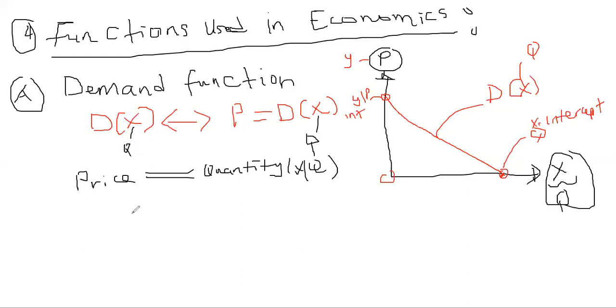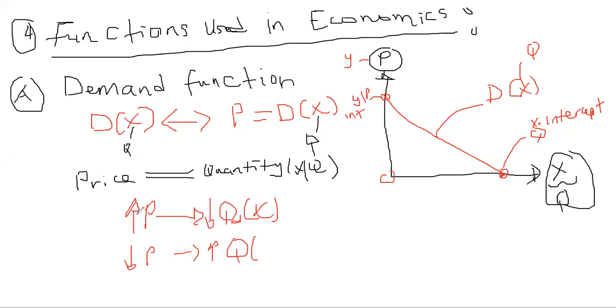What it means is that an increase in price will lead to what? A fall in quantity demanded, or we call it X. X and quantity are the same. Or when there is a fall in price, it will lead to an increase in quantity demanded, or an increase in X. So if you look at this very well, you will see that if price is going up, quantity demanded is going down.